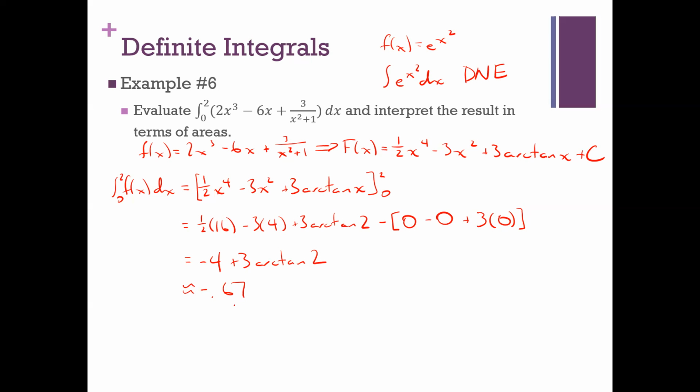Right. So, without looking at this function, if we were to graph this, we would certainly find that there is area above the x-axis. But again, where is there more of it? Where's the greater area, above or below the x-axis? Below.